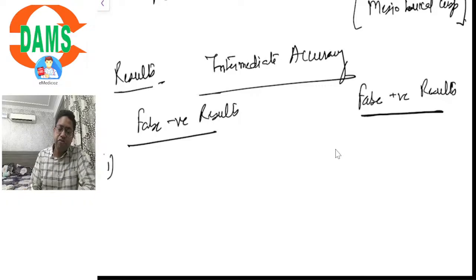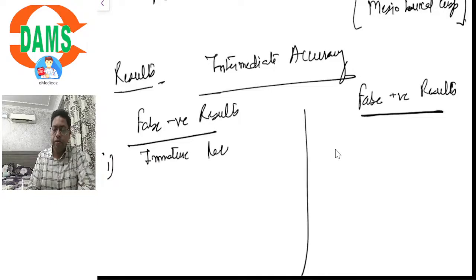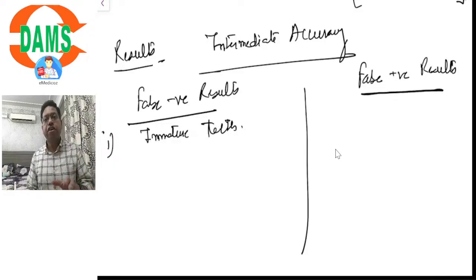Some common clinical situations for false negative results, where it is not responding although it should respond, are immature teeth. Teeth with open apices do not respond to electric pulp testing because the A delta nerve fibers are the last principal fibers to mature in a developing tooth.